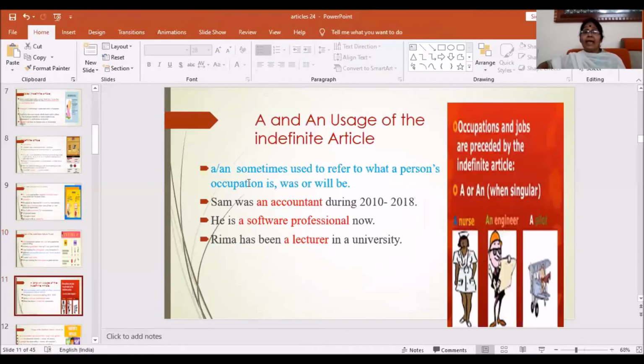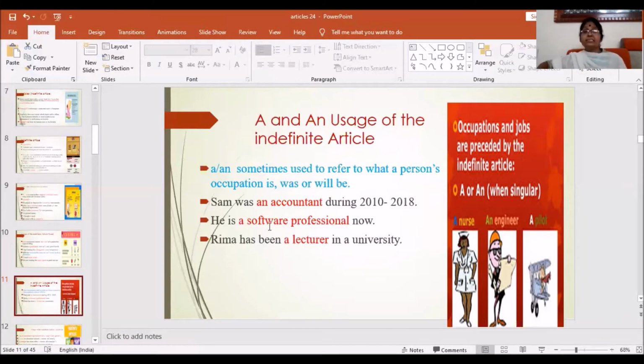Now, next. A and an is used to refer to what a person's occupation is, was, or will be. When we are talking about a person's occupation, then also we use our article a and an. For example, Sam was an accountant during 2010-2018, right?